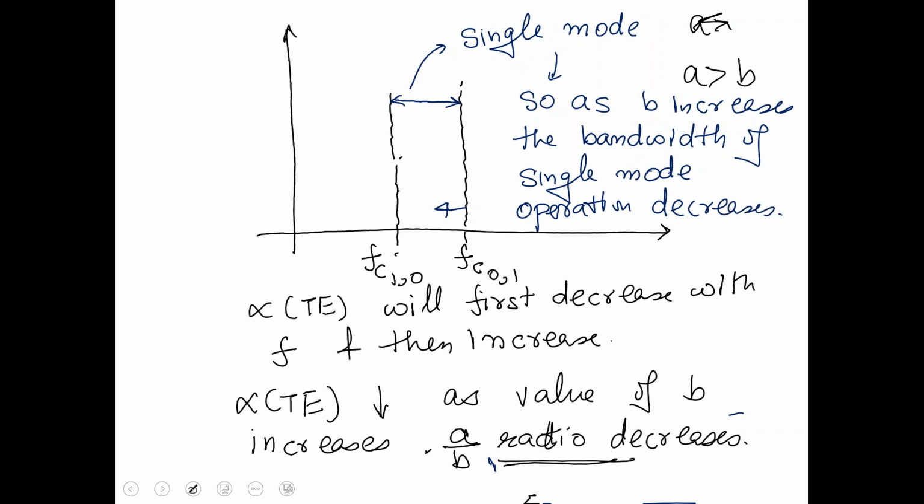So we have two competing factors. One factor is how much bandwidth we want, over what frequencies we want this waveguide to still operate, and the other is the loss.